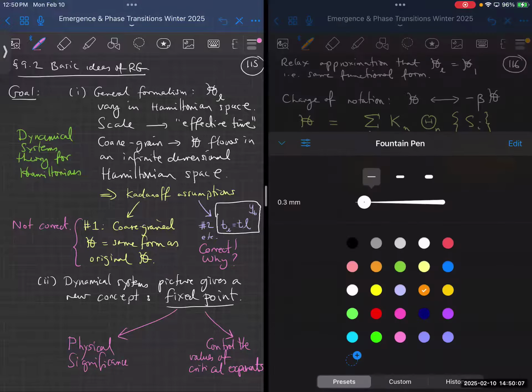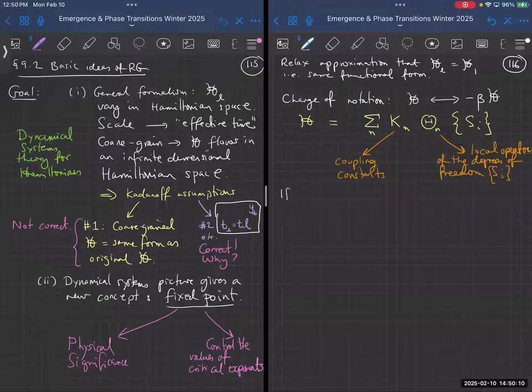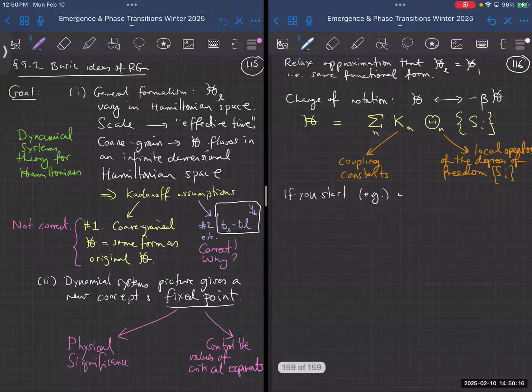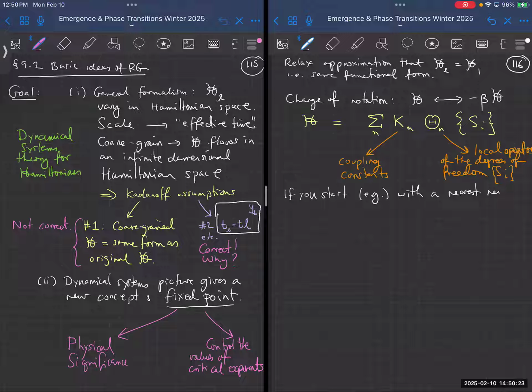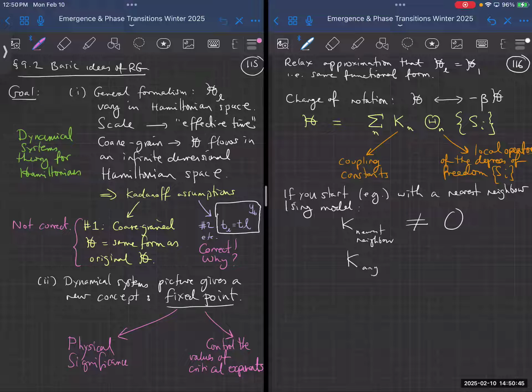Now, what you might assume is that if you start, for example, with a nearest neighbor Ising model, then K nearest neighbor will be non-zero, and the coupling constant for any other interaction is equal to 0.